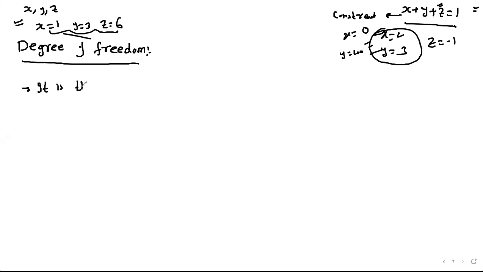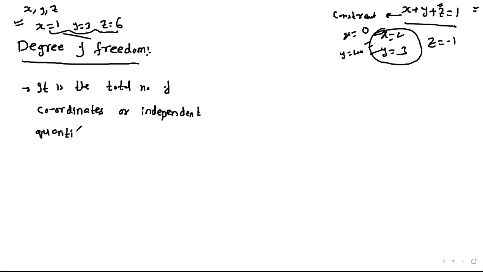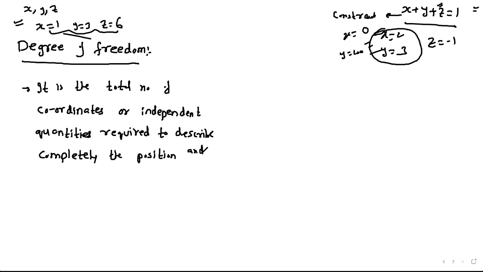It is the total number of coordinates or independent quantities required to describe completely the position and configuration of the system.